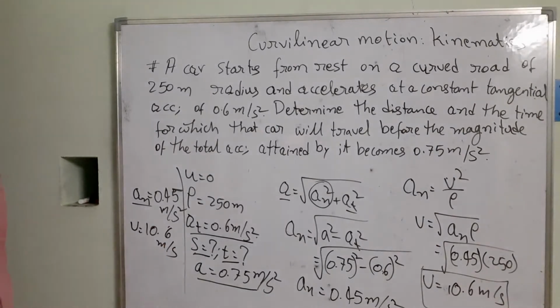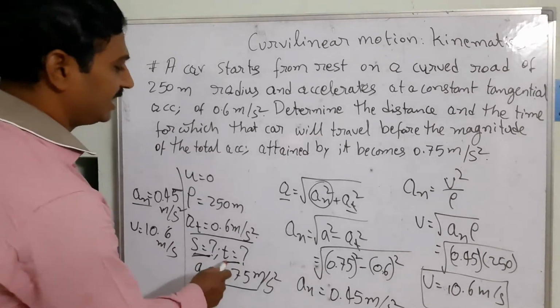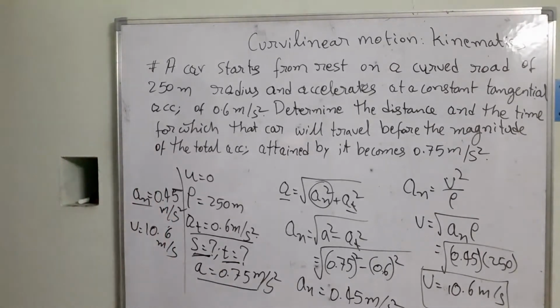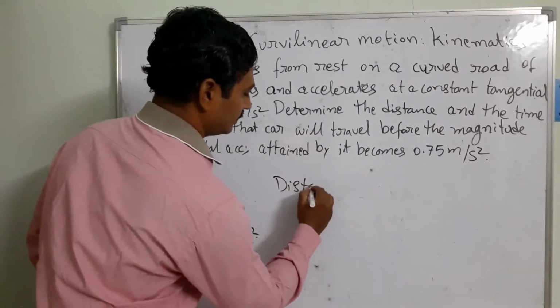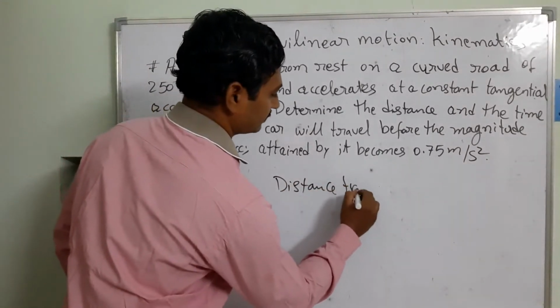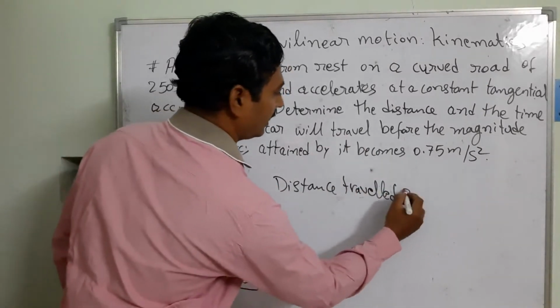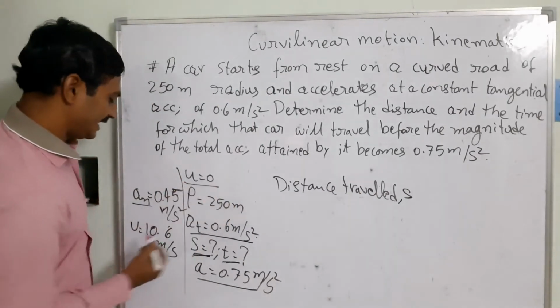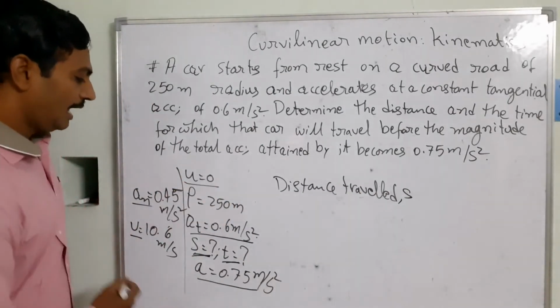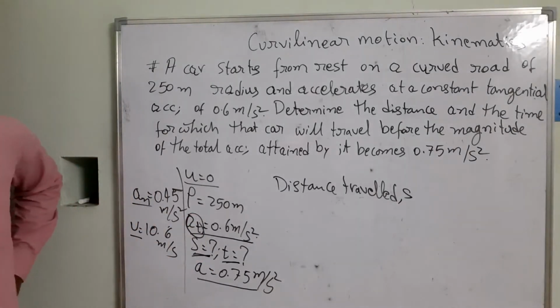I got it. Now we need to find out the S value and the T value. So now we are calculating the distance traveled, S. How are we going to calculate it? In this case, u is available, v is available, and the tangential acceleration is also available.